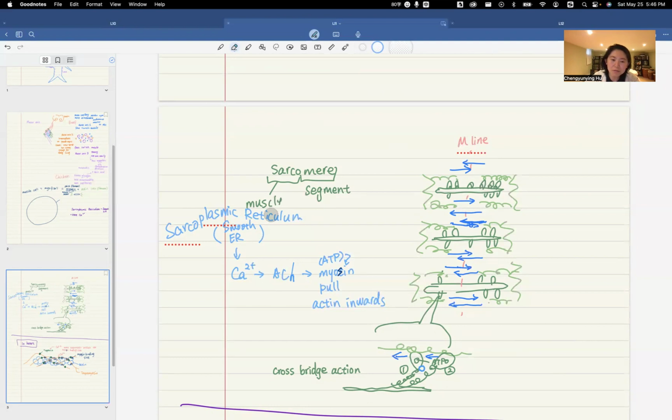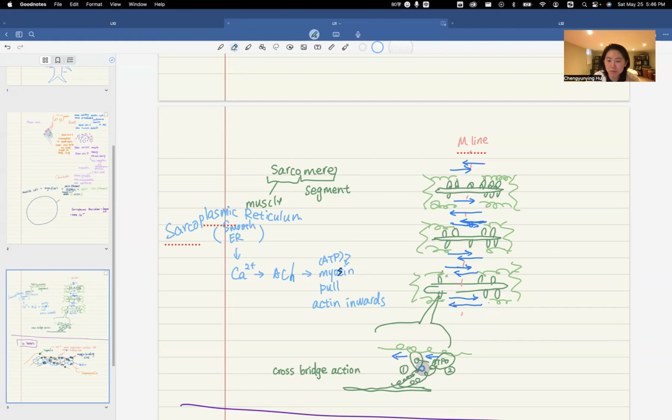First we have the release of calcium from the sarcoplasmic reticulum, and then that signals acetylcholine. Remember, at the end of the neuron, we need calcium to release the neurotransmitter. The neurotransmitter acetylcholine is released and binds to the skeletal muscle, and then allows ATP to bind to the myosin.